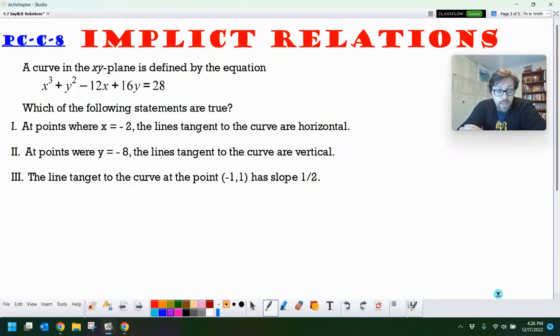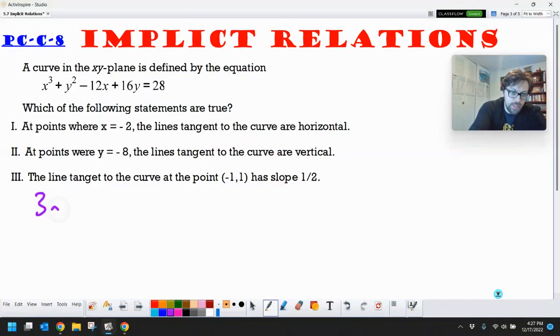In this example, I'm given a curve and I've got some statements that I want to check out. A lot of them have to do with the tangent line. So I want to figure out what is going on with our derivative. So I'm going to find dy over dx. This one's not going to be much work, so it'll be okay.